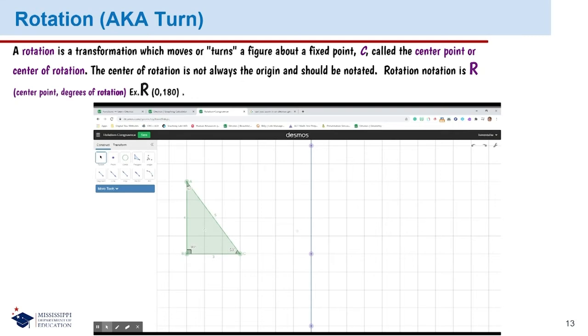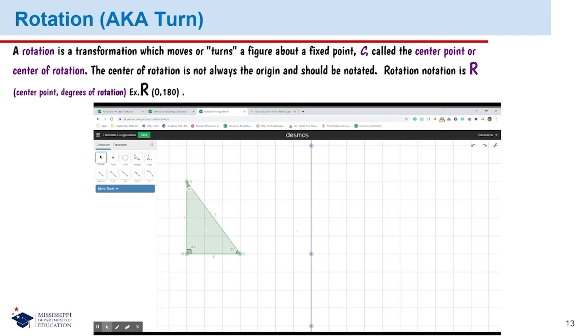And a rotation is a transformation which moves or turns a figure about a fixed point, which we're going to call C, the center point or the center of rotation. The center of rotation is not always the origin on a graph. So it is important that you notate that center point.